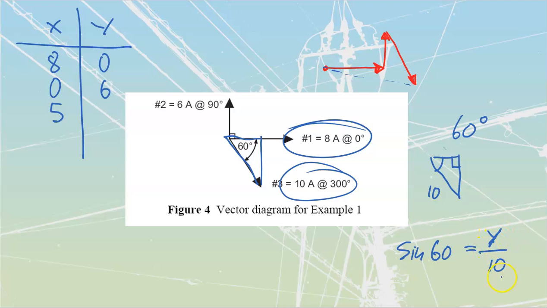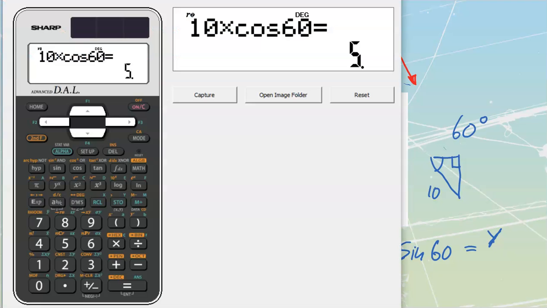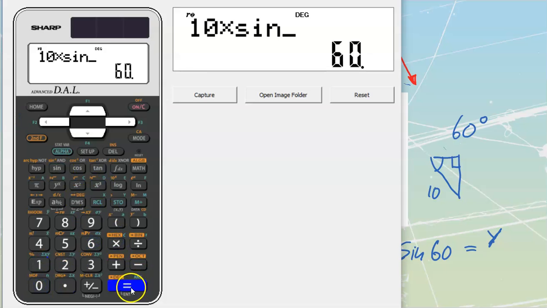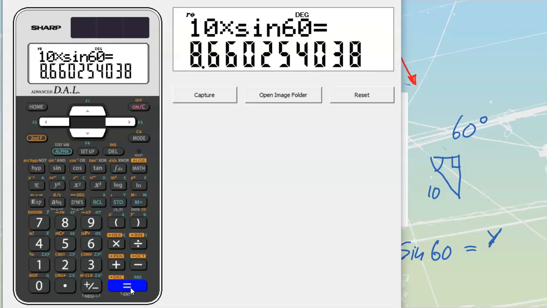Once again, we can isolate for that Y by multiplying that 10 over to this side. Now we can do 10 times sine 60, which gets me to a value of 8.66.